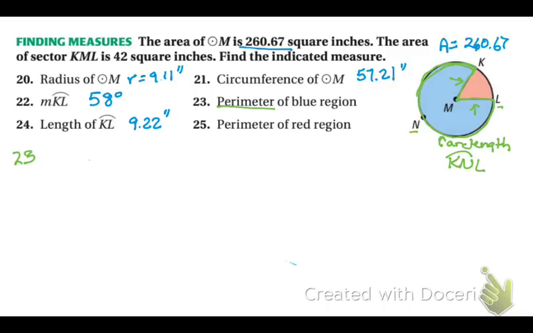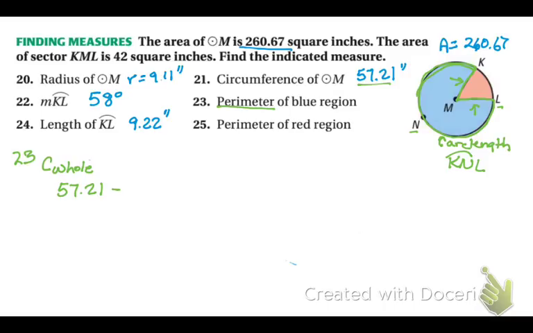So we know the circumference of the whole circle, which is basically the arc length of the whole circle, is equal to 57.21. That's from number 21.